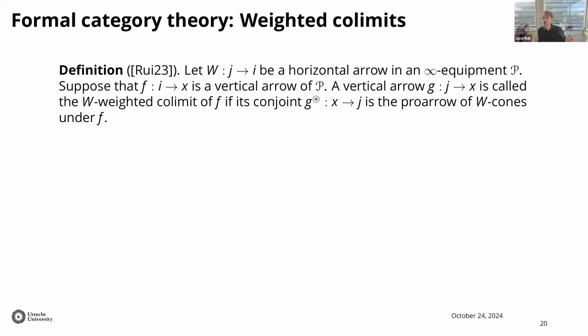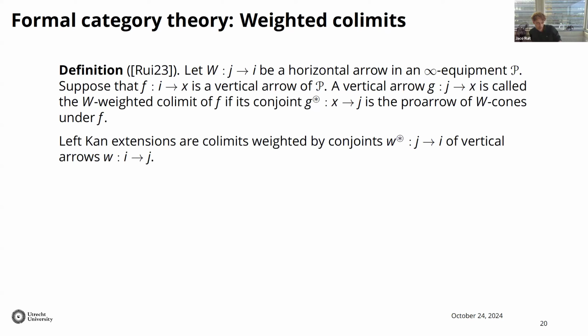And if you, for instance, read Riehl and Verity's work on infinity cosmoses, you will also see this definition there in the context of, I think, virtual equivalence. But this is the definition here.